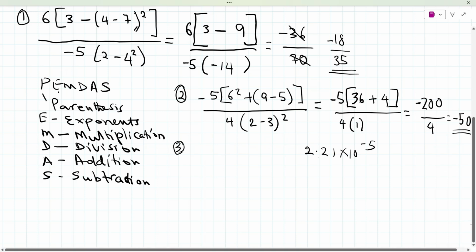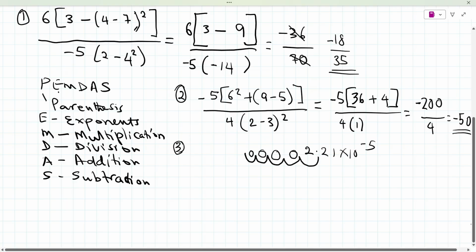That means we've got to move this decimal point 5 places, or 5 times. That's 1, 2, 3, 4, 5. So in between, we have to replace zeros.